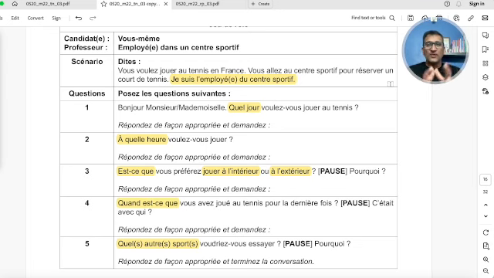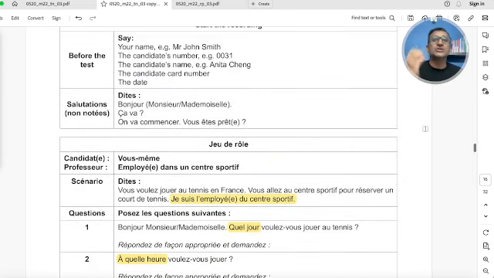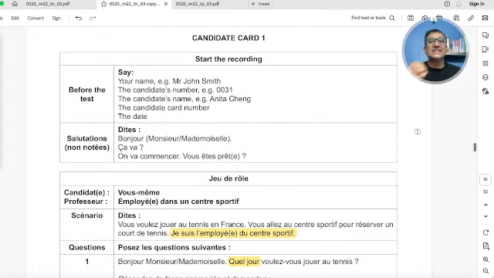Yes, this is where we left earlier. Now let's move ahead a little bit on top, how the teacher starts the recording. Fine, so this is the card with the teacher, this is the teacher notes. So before the test, what is going to happen? Before the test, teacher will read his or her name.